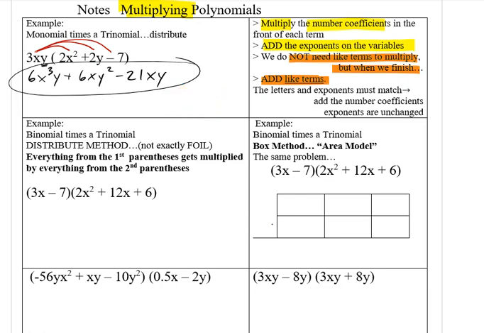However, if I had 6x squared y and a negative 2xy squared, these are not the same. This is x squared and this is only an x, while this is only a y and this is y squared. So letters and exponents must match.